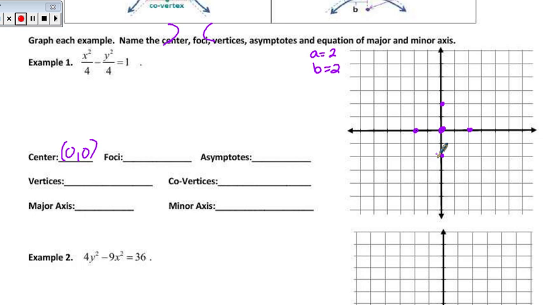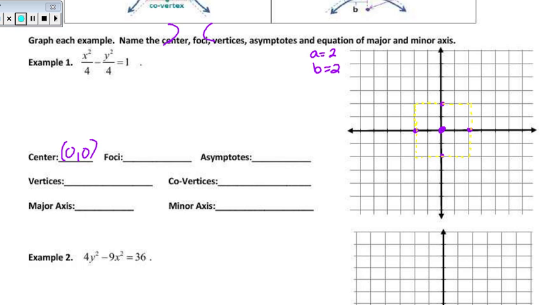The way we graph the hyperbola is what I'm going to call a box method. So you're going to use the vertices and the co-vertices to create this box. And that's going to help us get some asymptotes, which will help us with the rest of this graph.